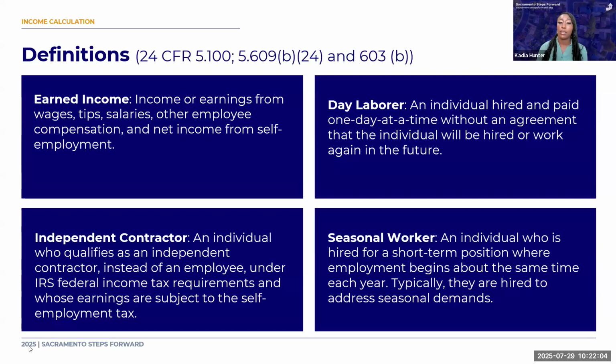And a seasonal worker, those are the folks that are hired for short-term gigs that repeat yearly, like harvest season jobs. Those distinctions matter because they affect how we count income, especially under HOTMA. Say you're a seasonal worker, we wouldn't project that income year-round if it's not ongoing. This keeps calculations fair and accurate.